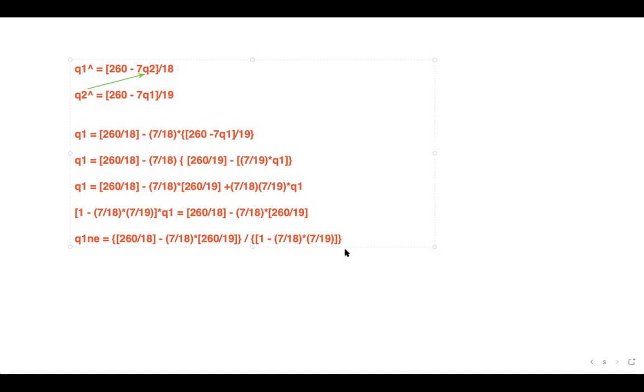So for the first part, the constant bit at the beginning I have Q1 NE is equal. So this first curly brace, I calculated 9.1228. I don't know if you all verify that or not, but that's what I have.